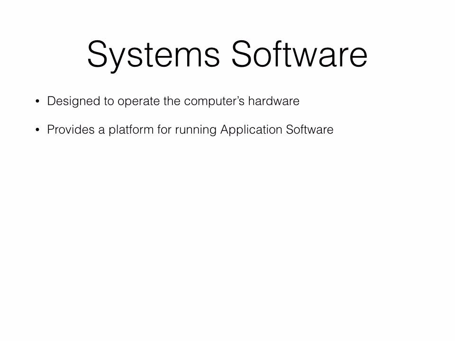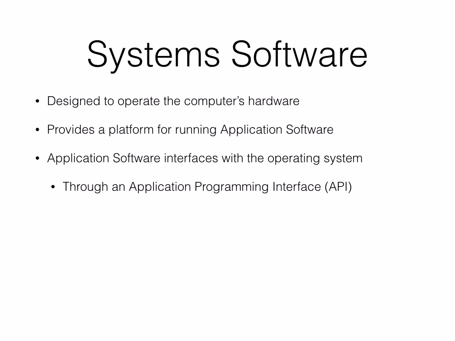So moving on to the next slide with respect to system software. System software is designed to operate the computer's hardware. It provides a platform for running application software, and application software interfaces with the operating system through what we refer to as an application programming interface.